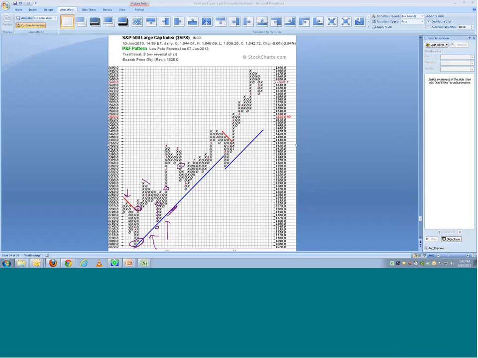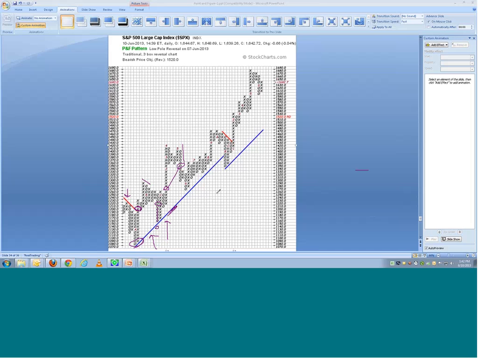Then we get out. That took all of January, February, March, April into May. We were long, and we made some profit here. We gave some of it up here, though, but we were long all the way until mid-May or so. This is back in 2012. So we made money there.